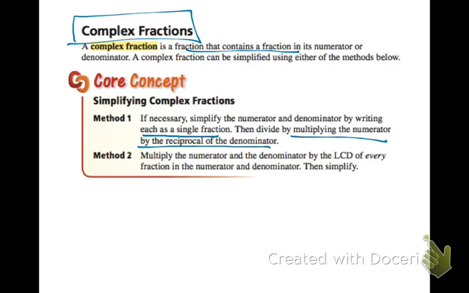Now, method 2 is slick. I must admit, it's my favorite method. I'm going to do both of them a couple times so that you can see them in action. You're going to multiply the numerator and the denominator of this complex fraction by the least common denominator, or least common multiple, of every fraction that you see in the problem, and then you'll simplify.